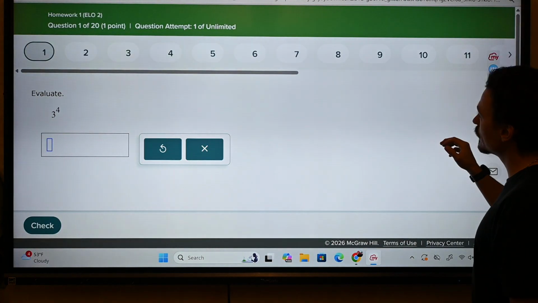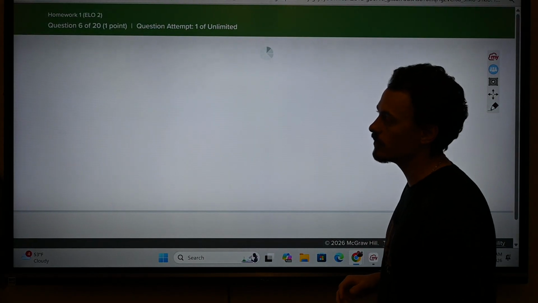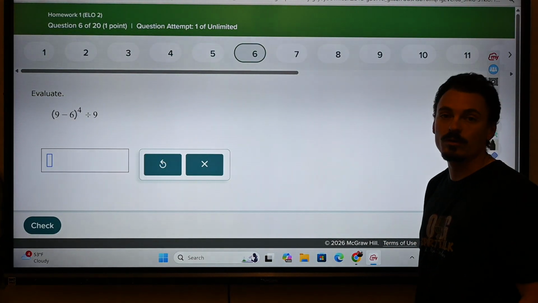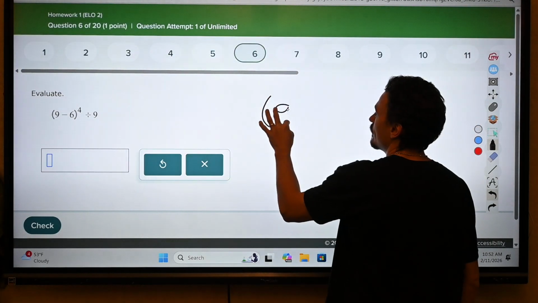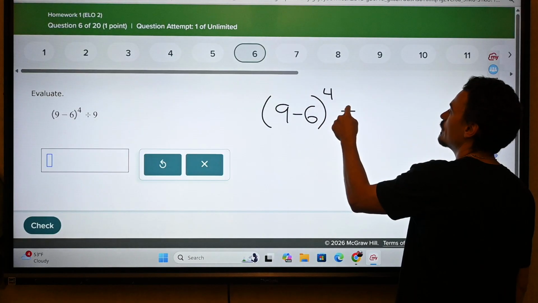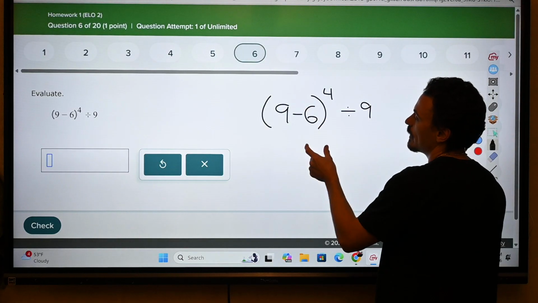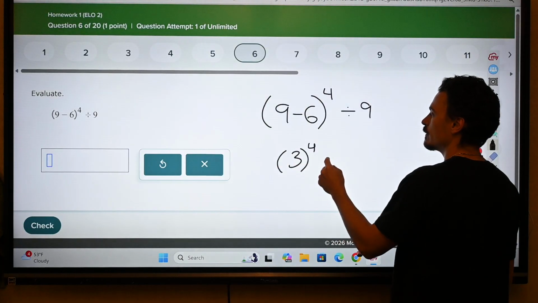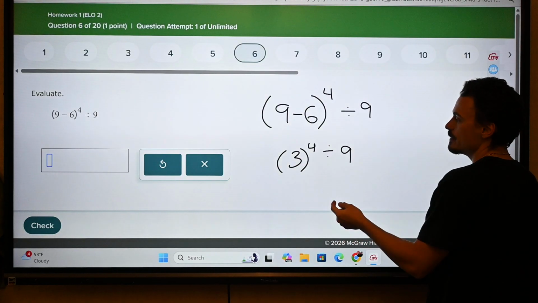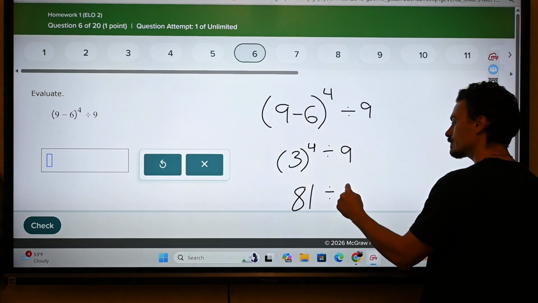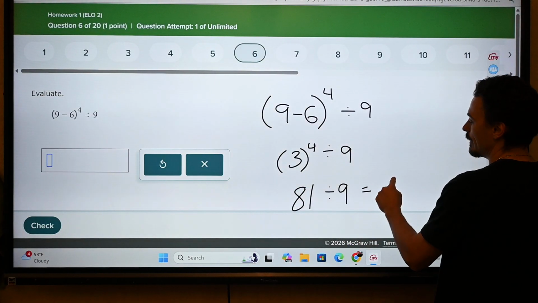So what we're going to do is take some of that exponent knowledge and use it in our order of operations. Right here, we have 9 minus 6, to the power of 4, and then divide that by 9. So 9 minus 6 makes 3. 3 to the power of 4, we just found out, was 81. 81 divided by 9 is 9.